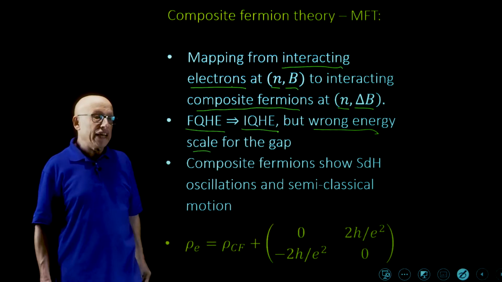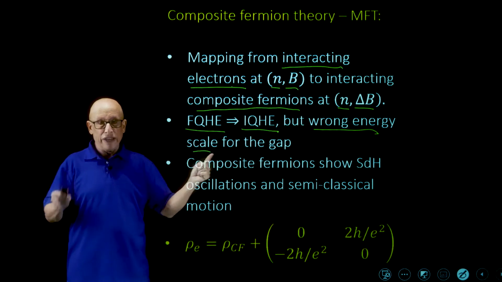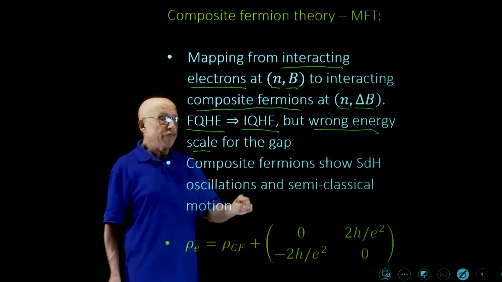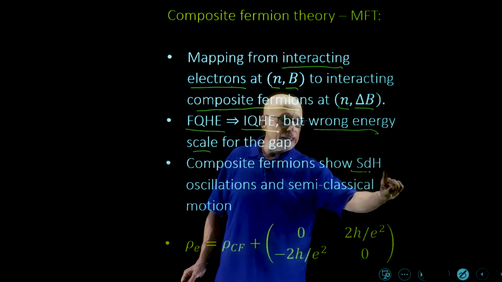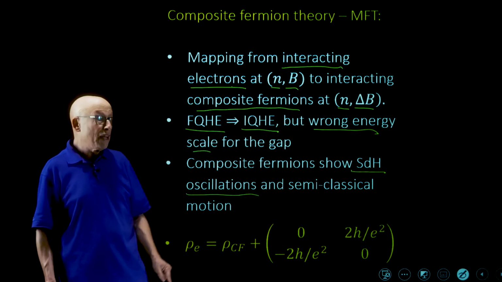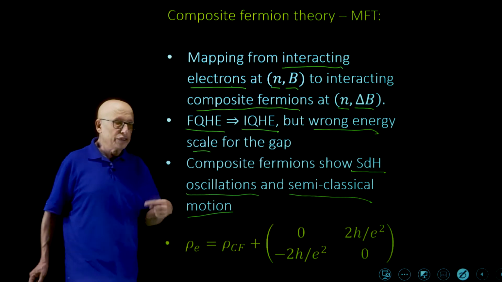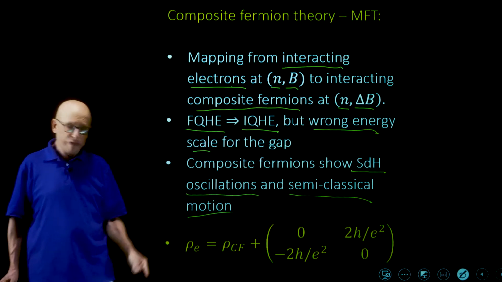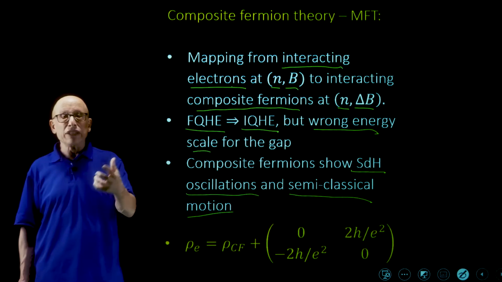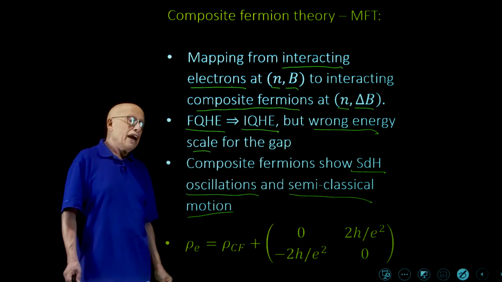We also saw that if we go away from where fractional quantum Hall states are observed and approach filling factors which are closer to nu equals 1/2, composite fermion theory explained the type of Shubnikov-de Haas oscillations that were observed in experiments, and also the semi-classical motion of the composite fermions observed in the experiment, including the existence of a new length scale, the composite fermion cyclotron radius.